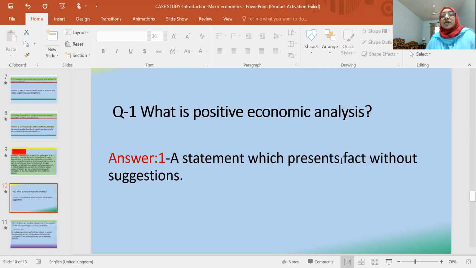That is positive statement, positive economic analysis. Or a large number of people lost job during pandemic. Positive economic analysis. That is what has happened or what is happening. The statement is telling you the fact or the real life situation. So that is called positive economic analysis. No suggestion, no idea, no moral judgment is passed here.